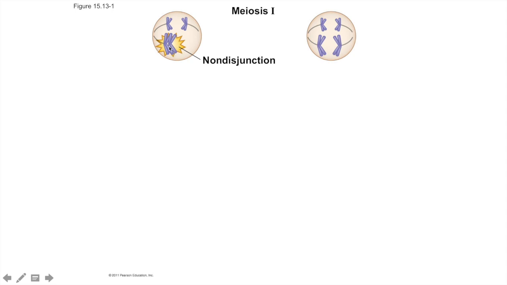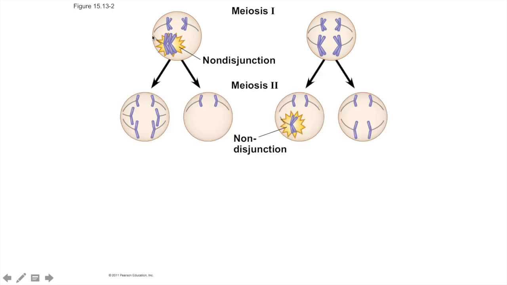Both of the homologous chromosomes are going to migrate to the left. So what you end up with is one daughter cell that has not enough chromosomes and another daughter cell that has too many chromosomes. And then in meiosis 2, the sister chromatids are going to separate, and you're going to end up with 2 daughter cells with too many chromosomes and 2 daughter cells with not enough chromosomes.